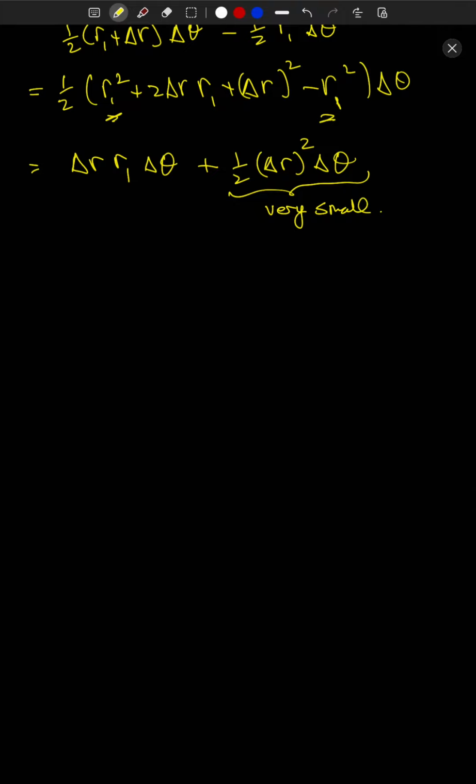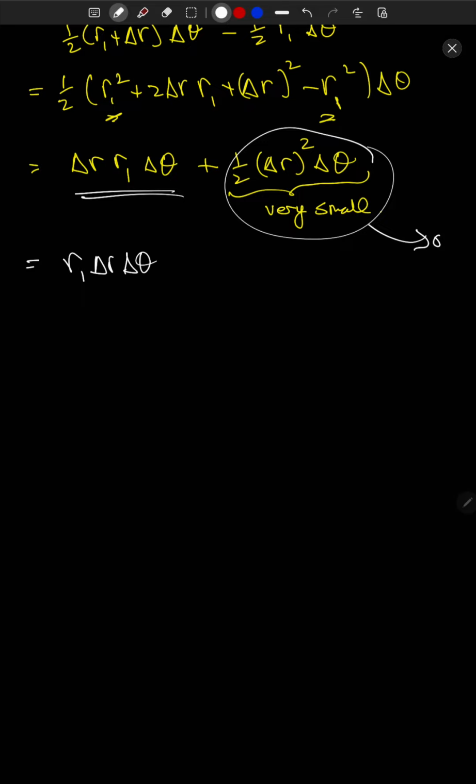And when we take the limits, as these things get smaller and smaller, because of this square, these terms are just going to go away. They go to 0 when our delta r and delta theta go to 0. So the important term is this one here, which, let me reorganize it: R1 delta r times delta theta. All right, so again, here's our picture.